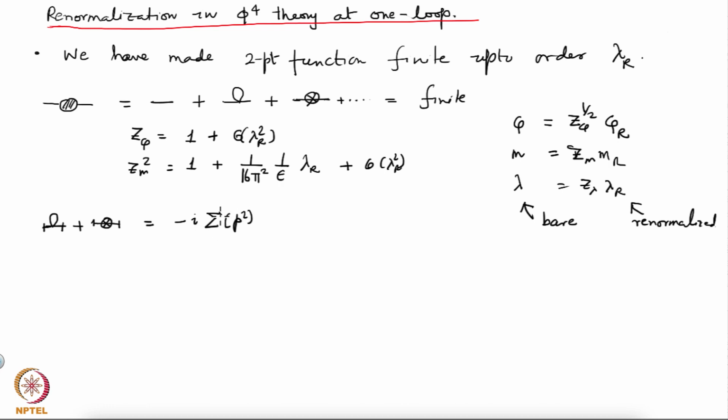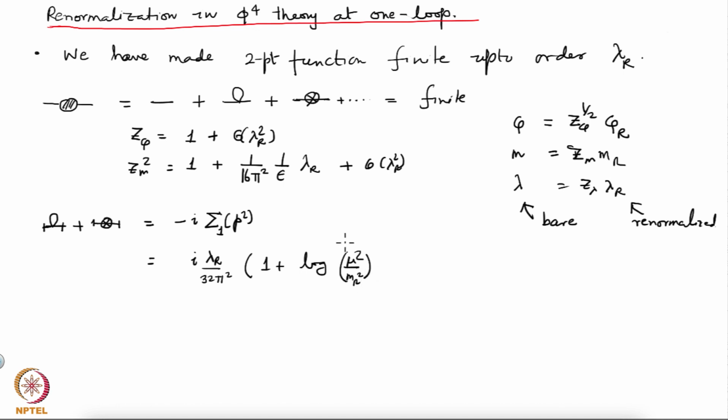Sigma is for the entire one-particle irreducible diagrams, and I will put a subscript 1 to say that we are at the lowest order. This is what we found last time to be i lambda r over 32 pi squared times 1 plus log of mu squared over m r squared.